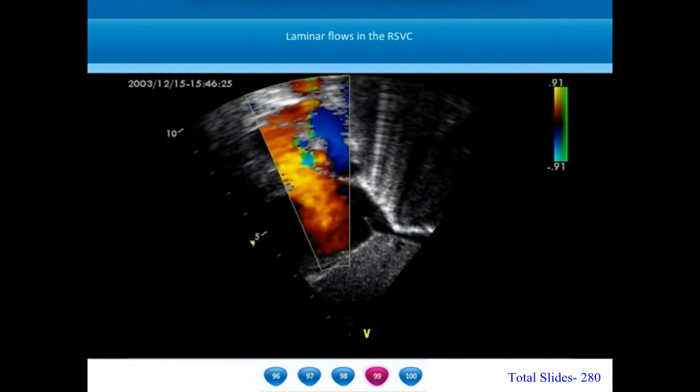Color Doppler interrogation shows that there is a blue color on the right vertical vein because from subxiphoid view, the flow is from below upwards in the right vertical vein. Thereafter, it turns on into the posterior wall of the right superior vena cava, and the flow in the right superior vena cava is red because the flow is towards the transducer.